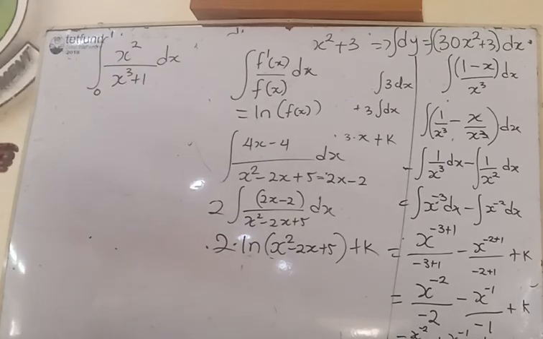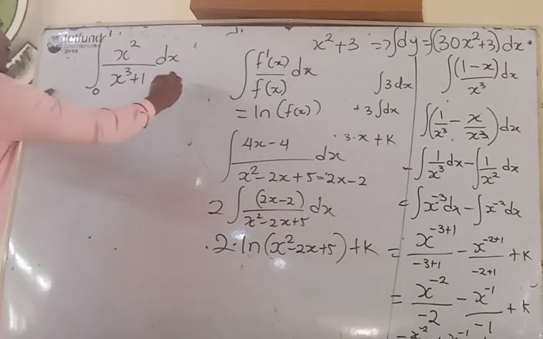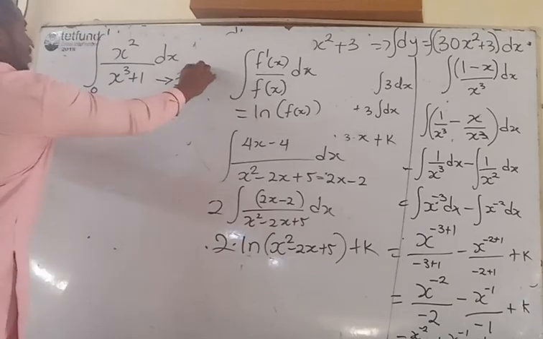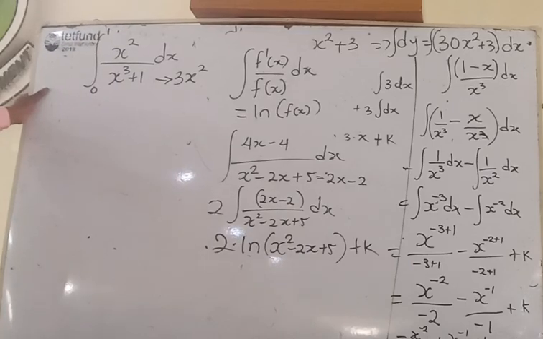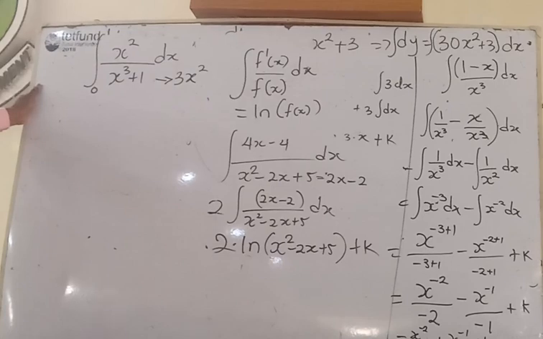Oh yeah, wait. Let's differentiate the denominator, all of us together. If we differentiate this, what are we going to get? We're going to get 3x squared. 3x what? Squared. Does it look like the denominator? Does it? Does not look like.